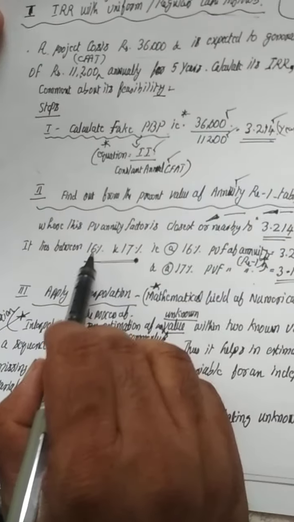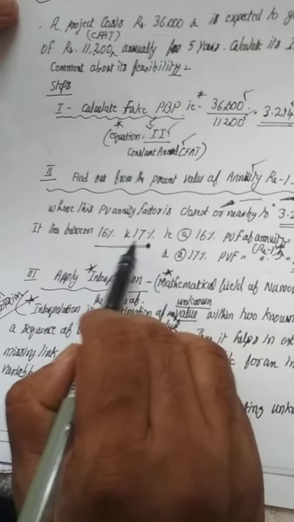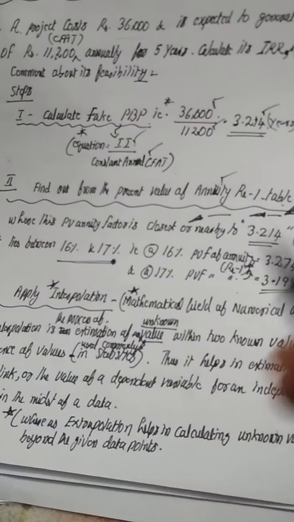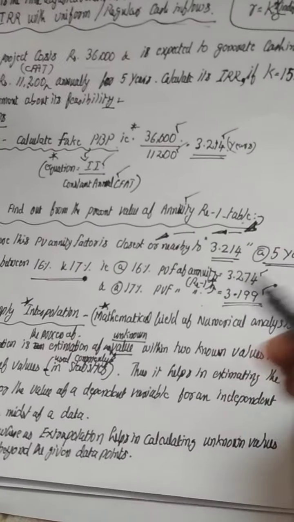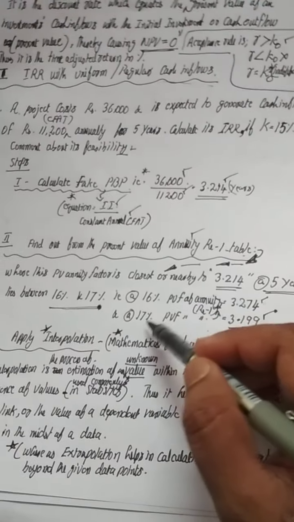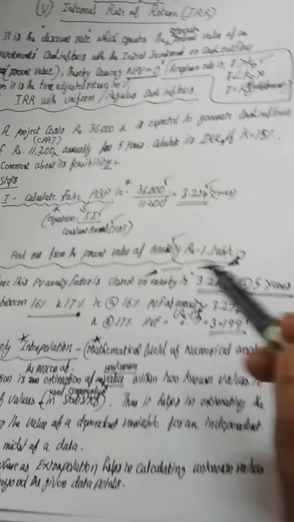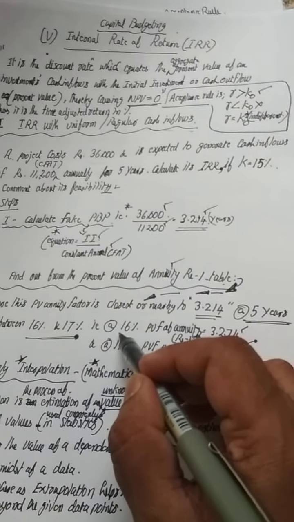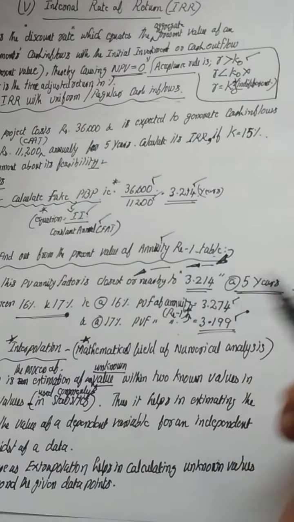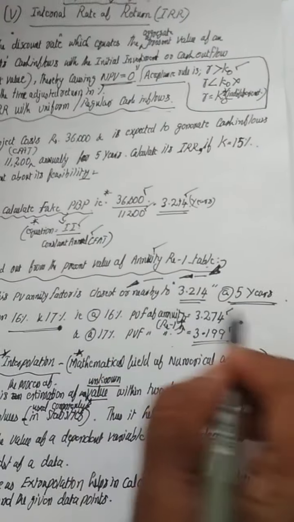We cannot bluntly take 16% or 17% just because the amount is nearby. We want to know the exact percentage in decimals. So that is why it lies between 16 and 17 percent. It means the internal rate of return may be from 16.1 percent to 16.9 percent, somewhere in between.